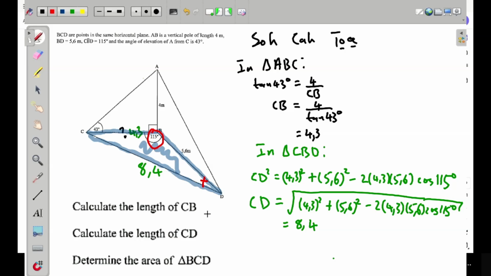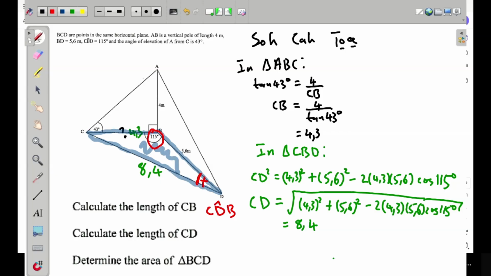Maybe I must be specific and say angle CDB. That angle here will be the smallest angle in this triangle because it is opposite the shortest side in triangle CBD. All right? And so equivalently, the angle 115 is opposite the longest side, which is 8.4.